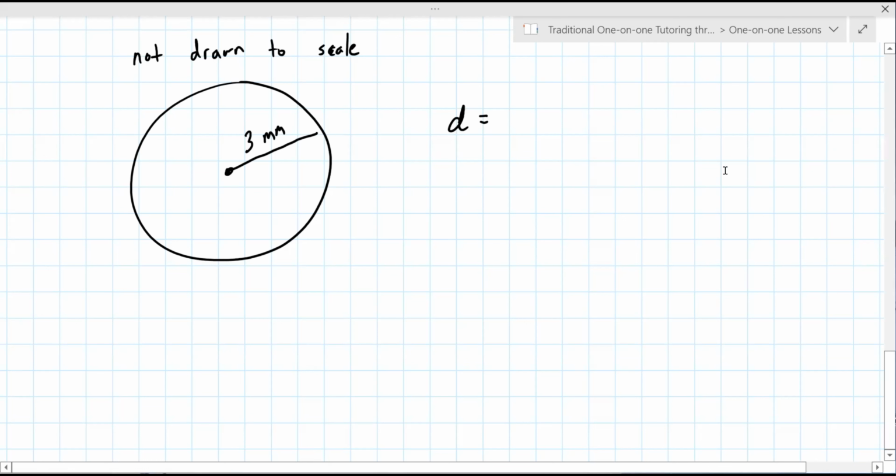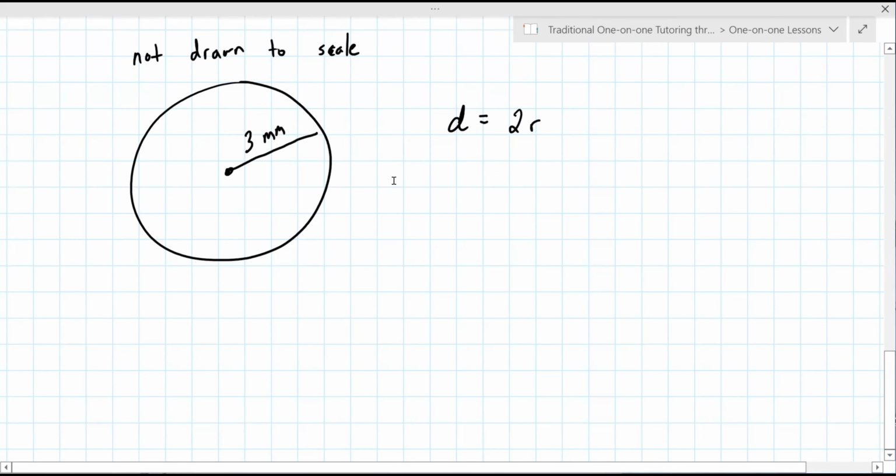You said you just wrote it down. Okay, tell me the formula for diameter. It should be right in front of you. Two times radius. Yes, it's 2 times the radius.